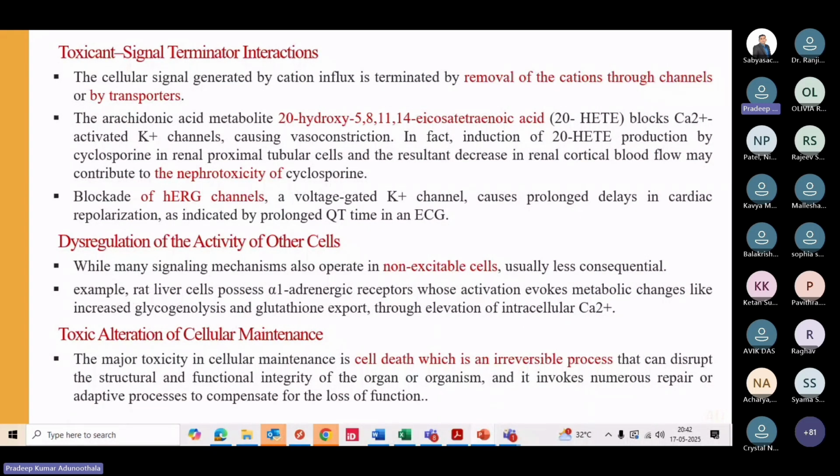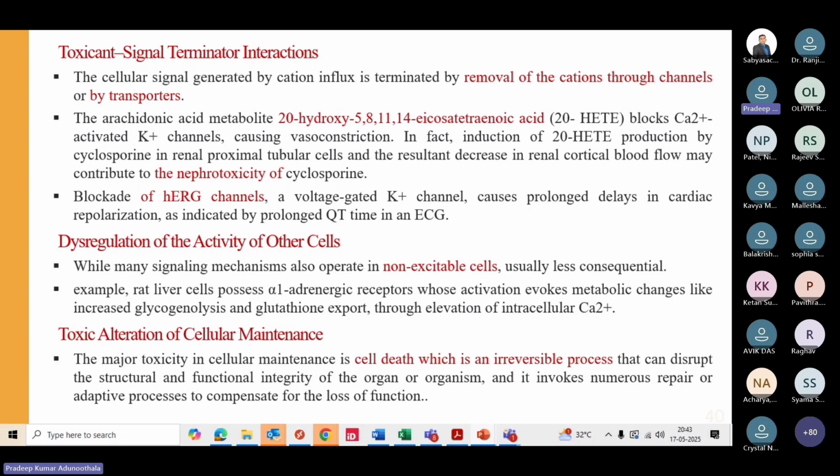The cellular signal generated by cation influx is terminated by the removal of the cations through the channels or by the transporters. An example for this is the arachidonic acid metabolite 20-hydroxyeicosatetraenoic acid, 20-HETE, which blocks calcium activated potassium channels, causing vasoconstriction.